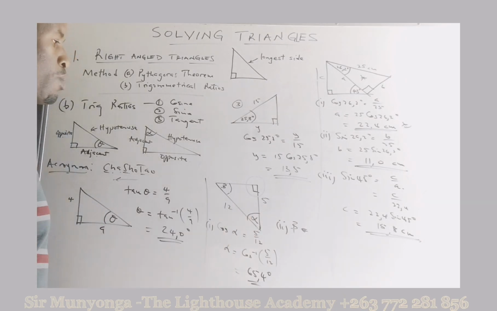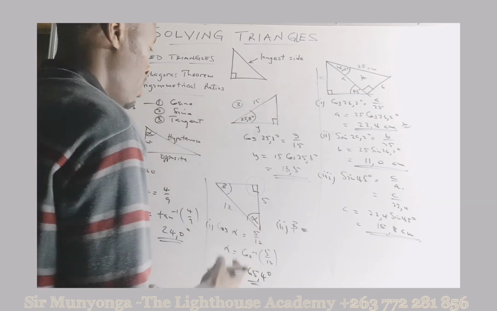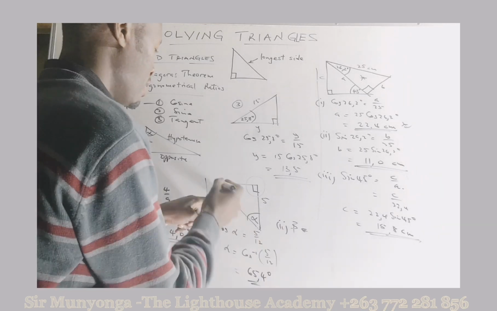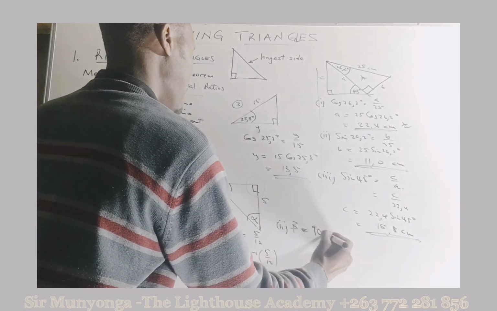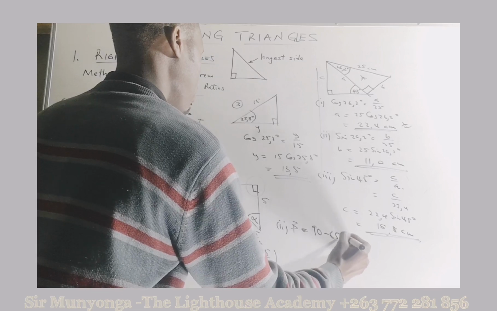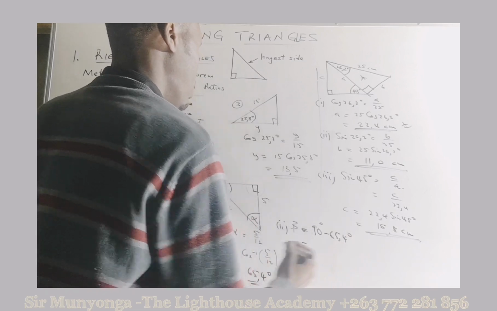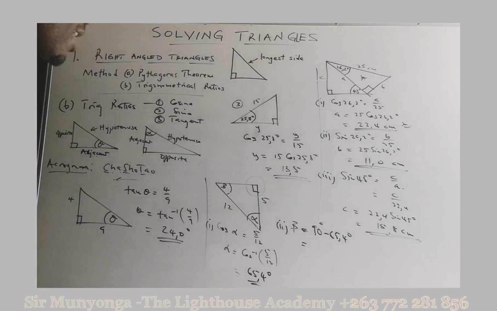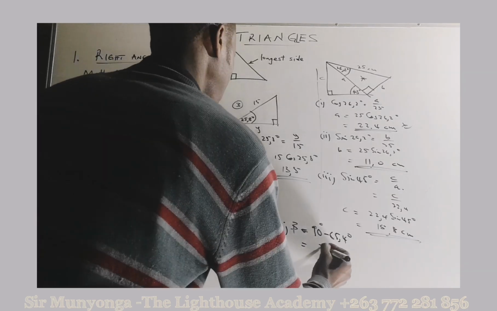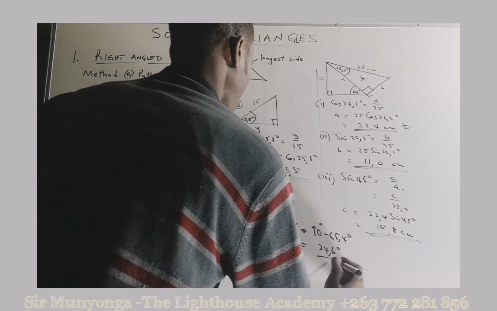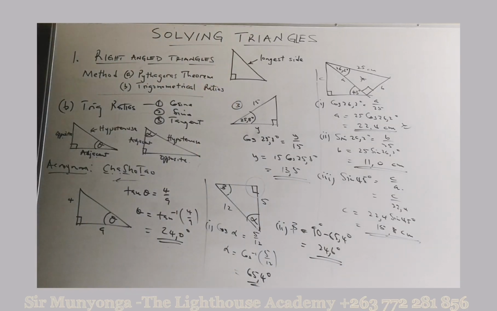So when you're given one of the two angles, for you to get the missing angle, in this case beta, you simply say 90 minus 65.4 degrees. So beta is equal to 90 minus 65.4, which gives us 24.6 degrees.